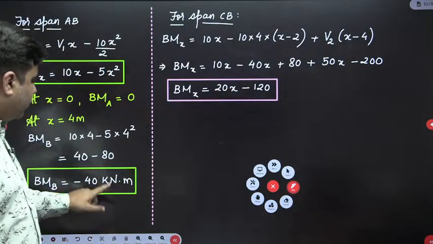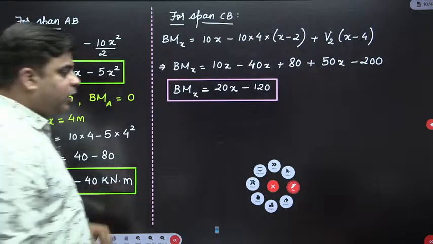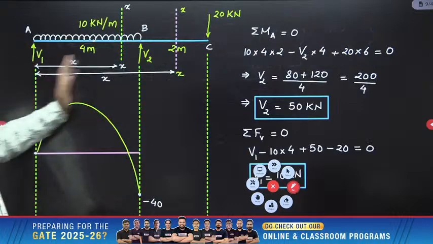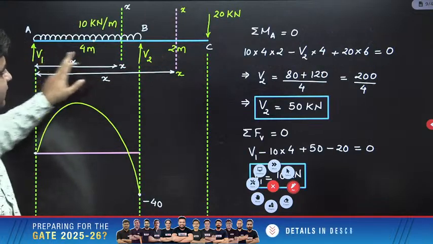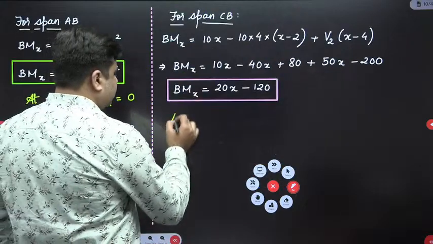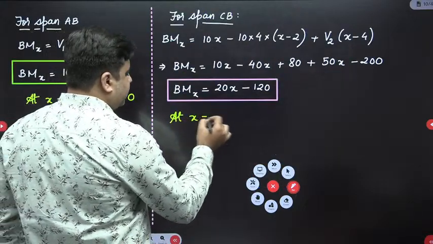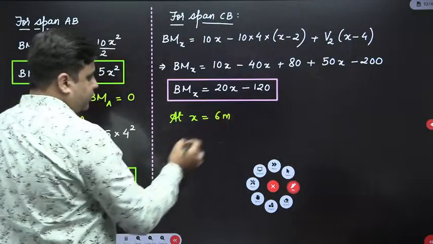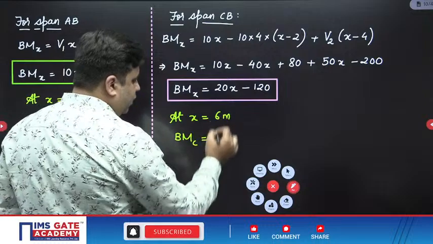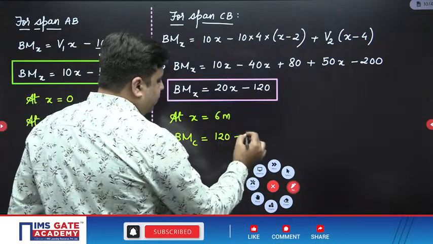You have already found out the value of bending moment at B. Now calculate bending moment at C. For the value of bending moment at C, you have to substitute X is equal to 6 meters. So at X equals 6 meters, the value of bending moment at C will be 120 minus 120.